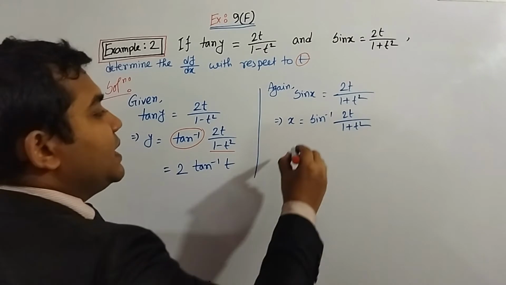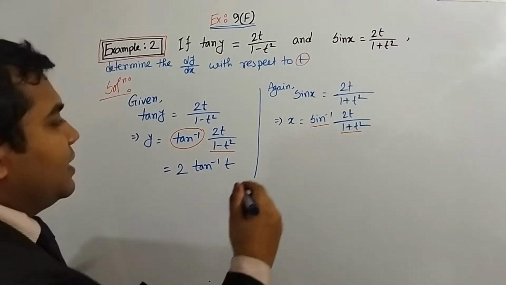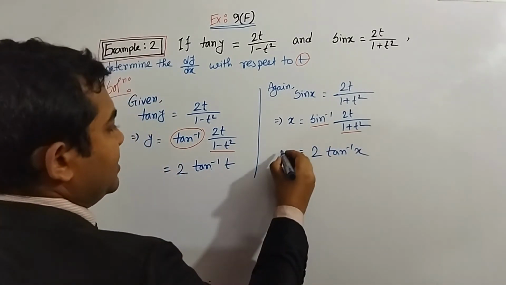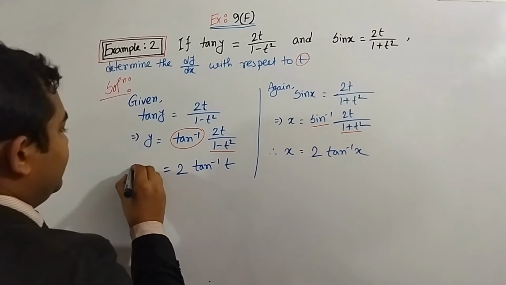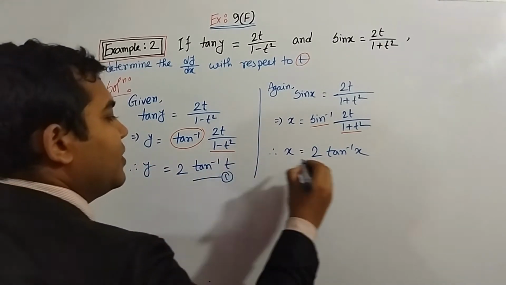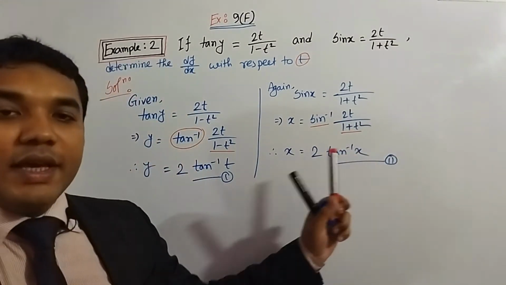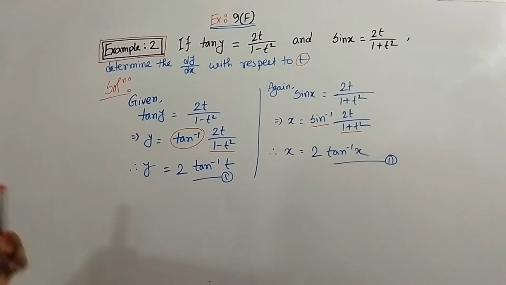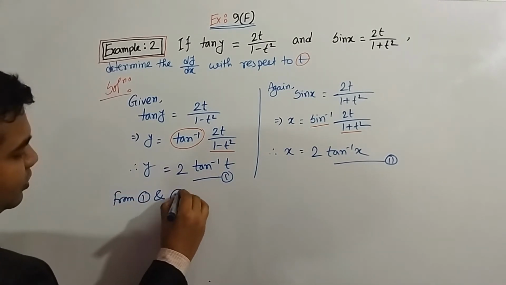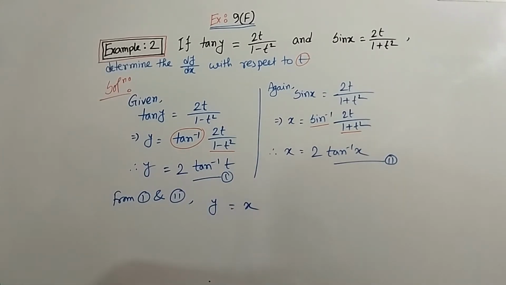But if it is sin inverse with this, we get the same thing back, that is 2 tan inverse t. So if we call this equation number 1 and that equation number 2, from 1 and 2 we can say y is equal to x.